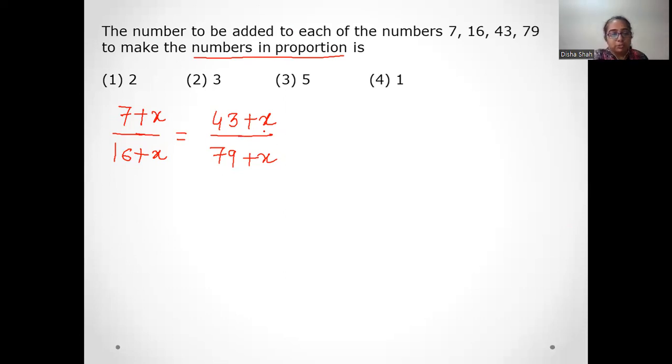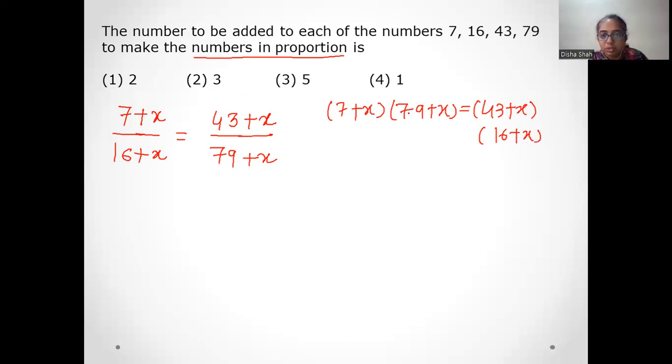There are two ways to solve this particular question. The first method is a standard traditional method, wherein what you will do? You will do this 7 plus x into cross multiply कर देंगे is equal to 23 plus x into 16. अभी आप जब ये करोगे, you can see these numbers are so big. For that you have to do 7 into 79, 43 into 16.